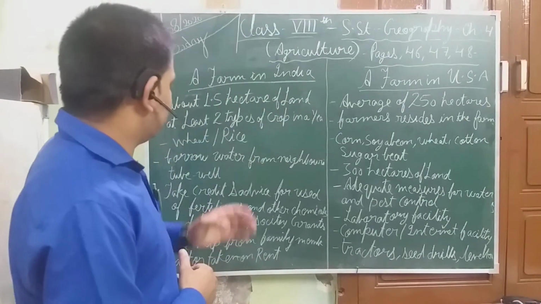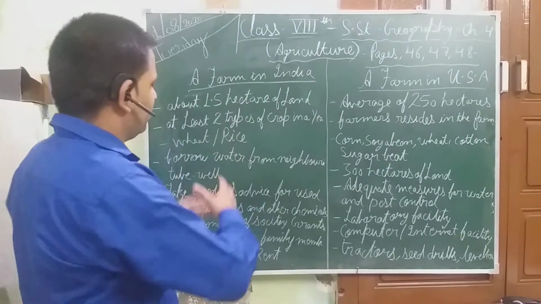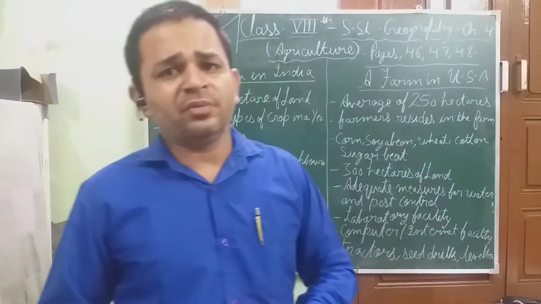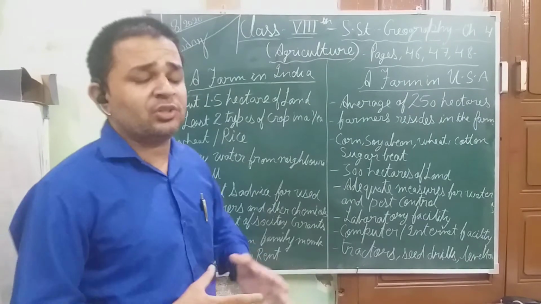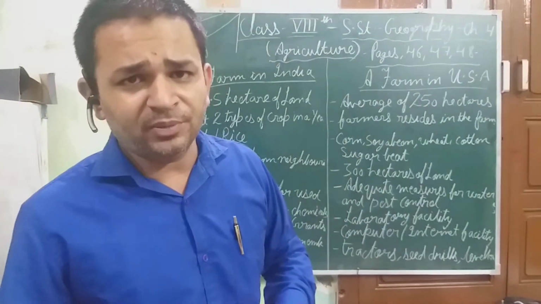The Indian farmer in this particular case study is very much dependent on others for cultivating his field. Like if he needs water, he has to borrow water from his neighboring well or neighboring field.